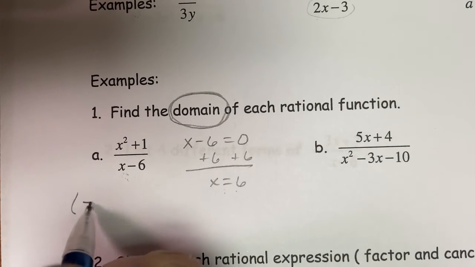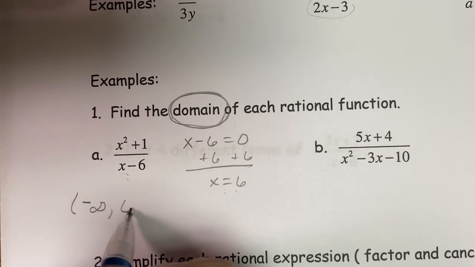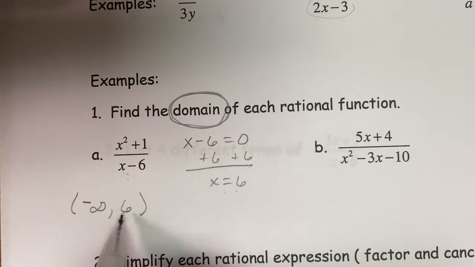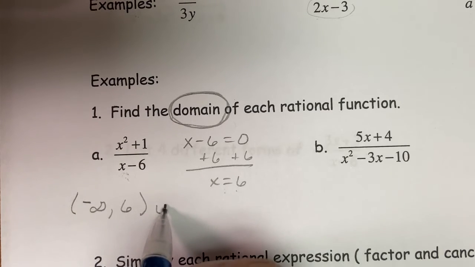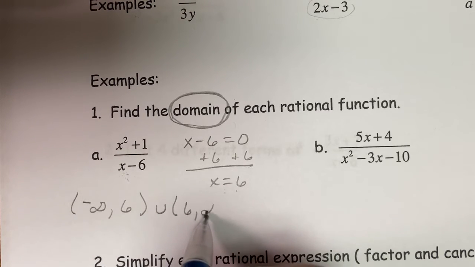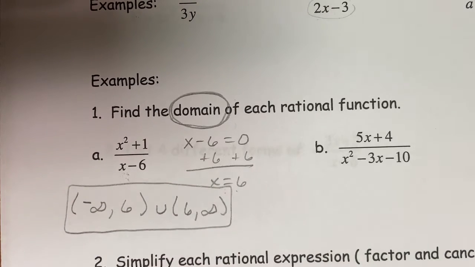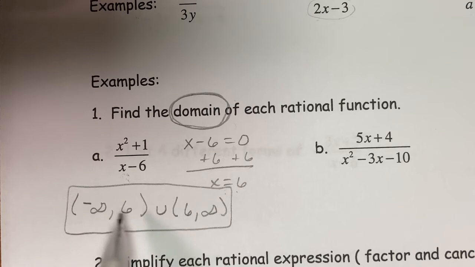You would write it as everything from negative infinity to 6. Remember, these parentheses mean that I'm not including the 6, union with parentheses 6 to infinity. So this would be the domain of that function. Basically, it says that the domain can be anything from negative infinity to positive infinity except for positive 6.